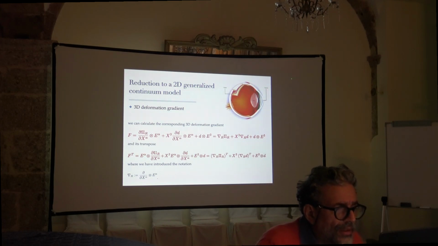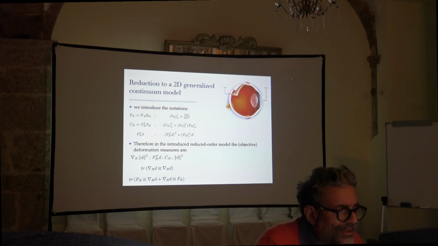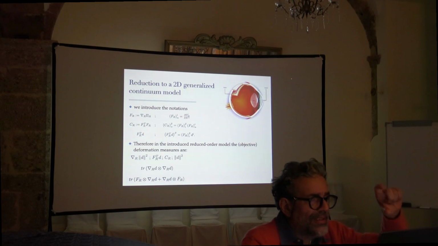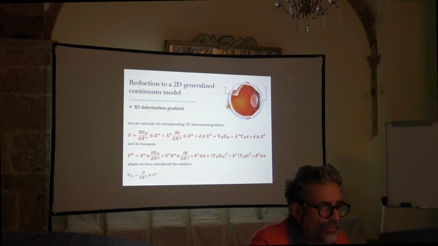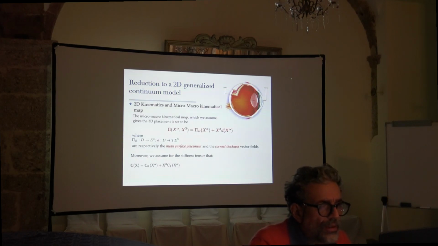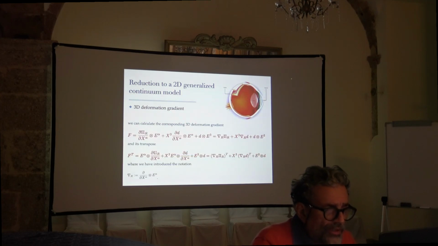tensor algebra. Okay, and at the end of the story, we discovered that the deformation measures are the gradient of the thickness d. So d is a vector which we introduced here in this formula, which will become another kinematical descriptor of the reduced order macro model.